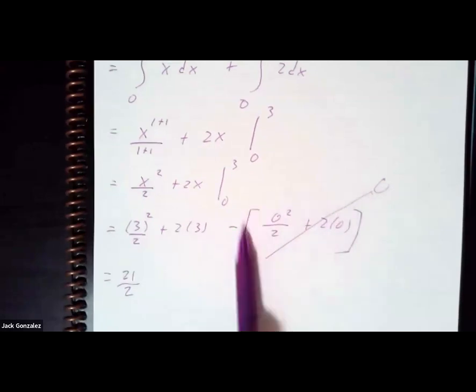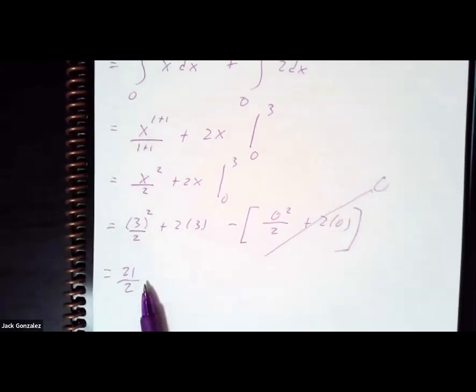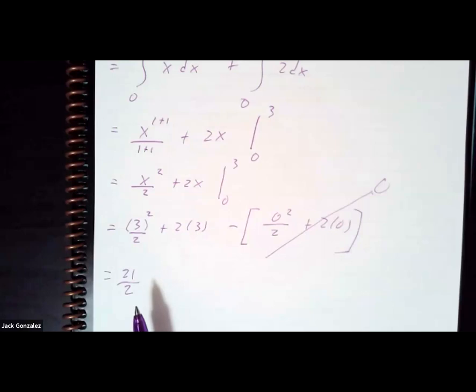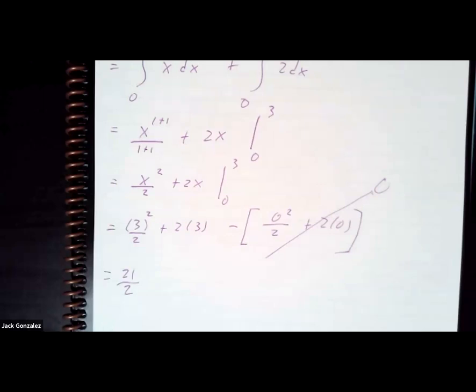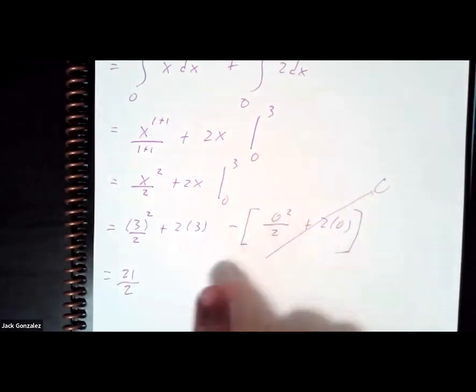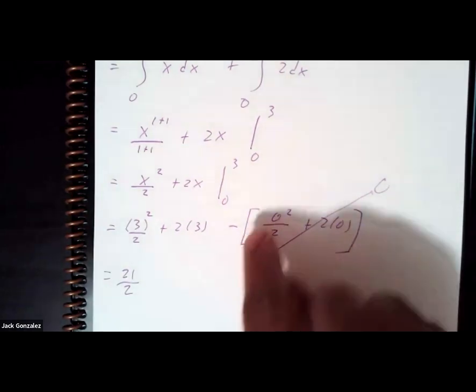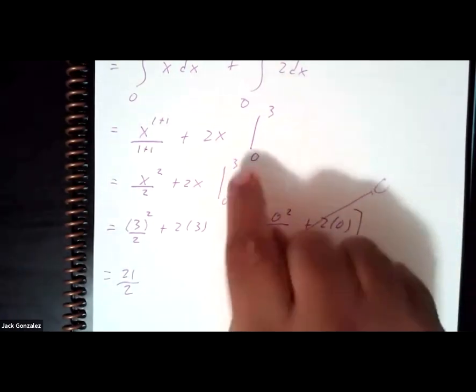This is 0, so add these up, you get 21 halves. And that's it. Gotcha. This is kind of similar to what we learned on Tuesday. Yeah, it's the same thing from Tuesday, except we have definite values here. So you notice how we're not doing plus c anymore? That's because we have these bounds.